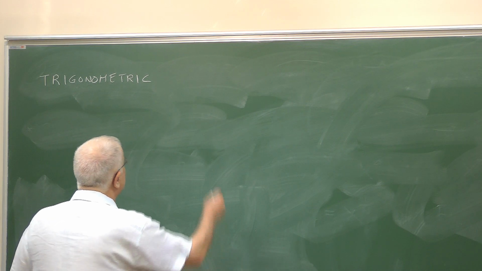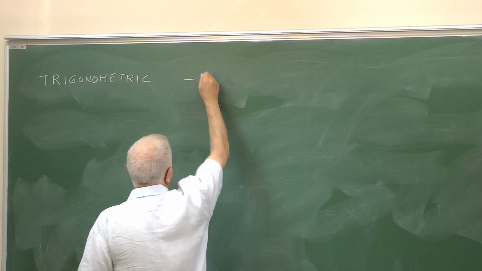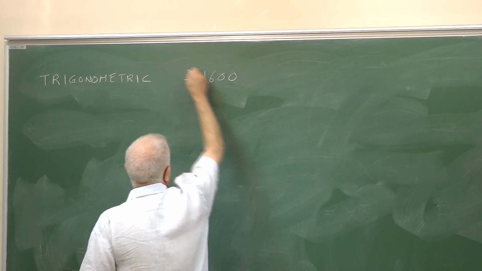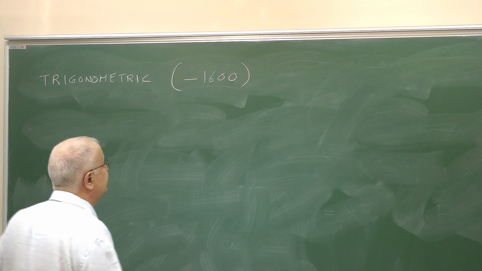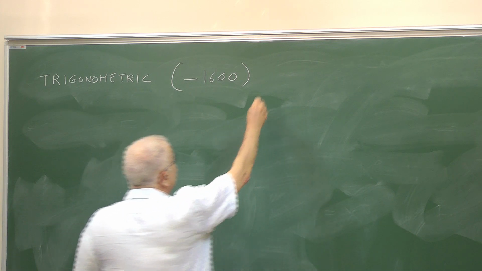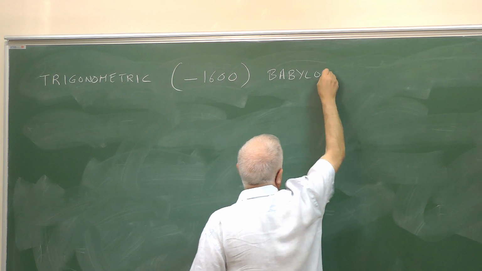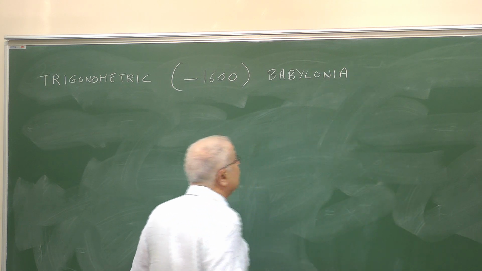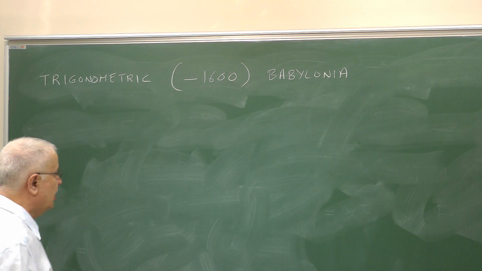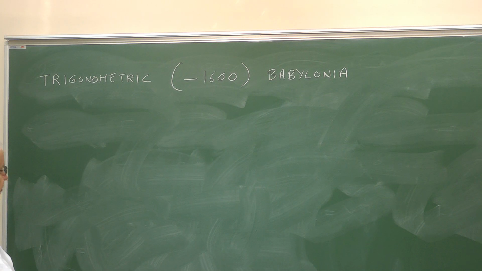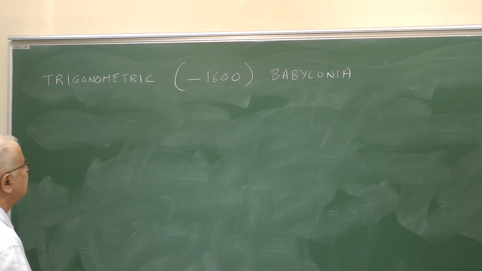For a secular way of expressing, let us say the year is minus 1600 Babylonian. There are evidences of these proto-trigonometric functions written on cuneiform tablets, baked clay.